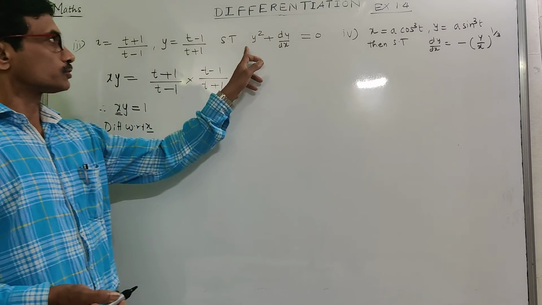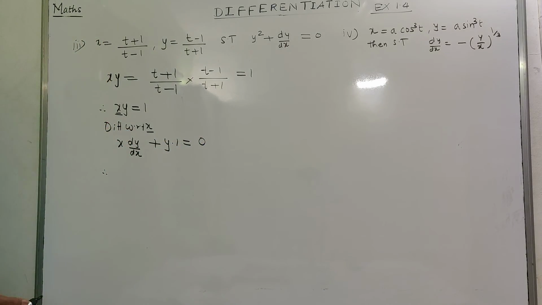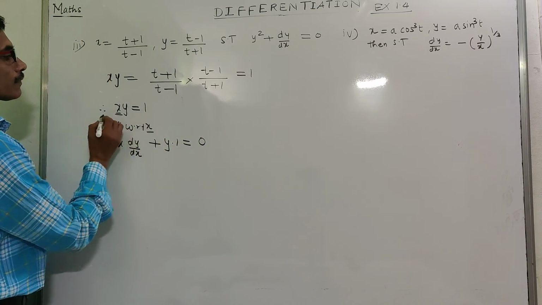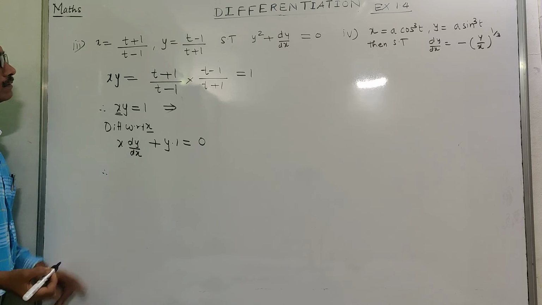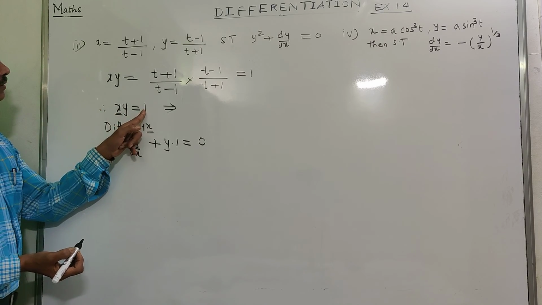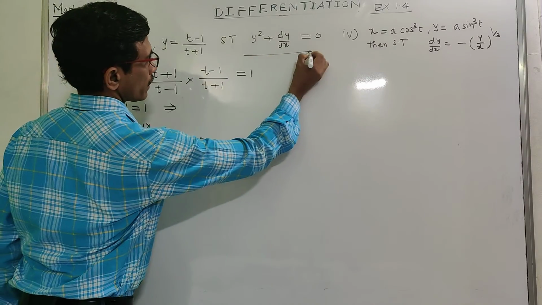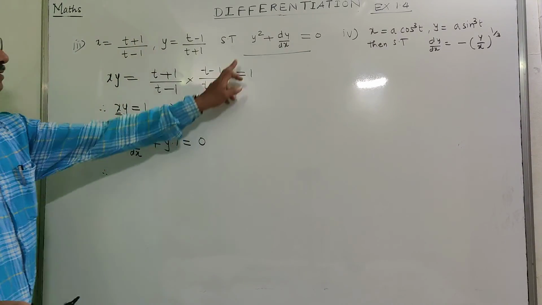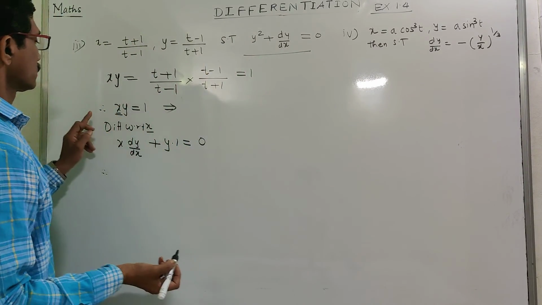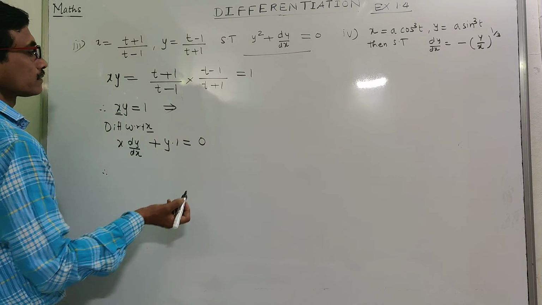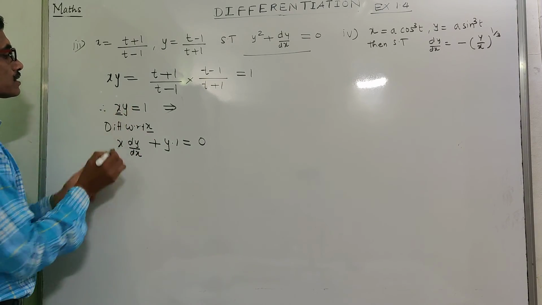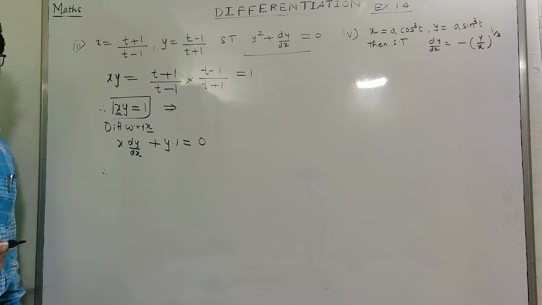Now, as we want to show this, listen: from x into y is equal to 1, in the expression we don't require x, so x is to be eliminated. We will replace x by using this relation, x into y is equal to 1.